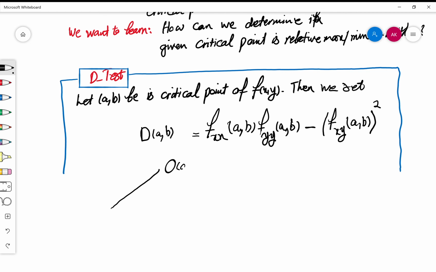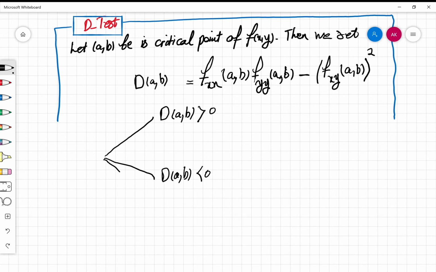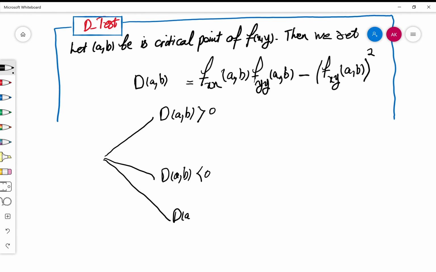D(a, b) is either a positive number, D(a, b) is a negative number, and D(a, b) is 0. These are the only possibilities, yes? Either a number is positive, negative, or 0.